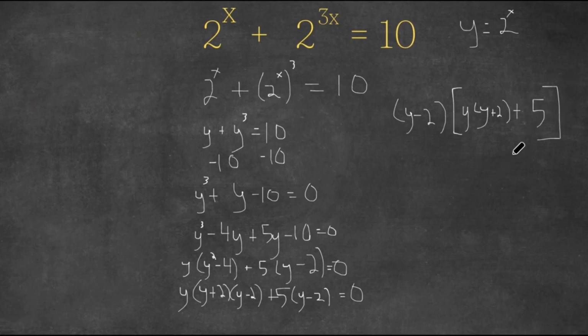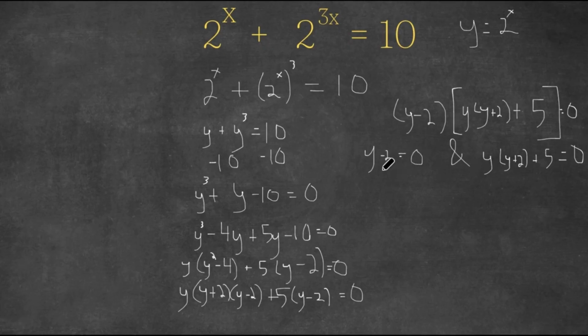And all of this still equals 0. And now we've created two equations. We have y minus 2 equals 0 and y times y plus 2 plus 5 equals 0.